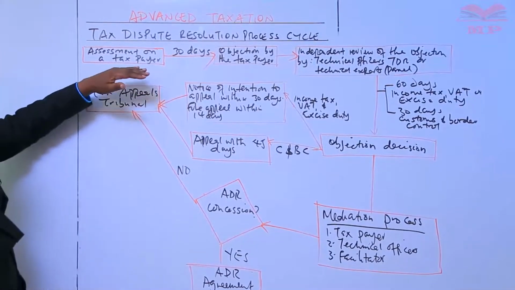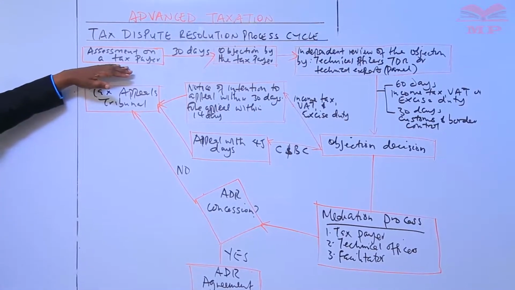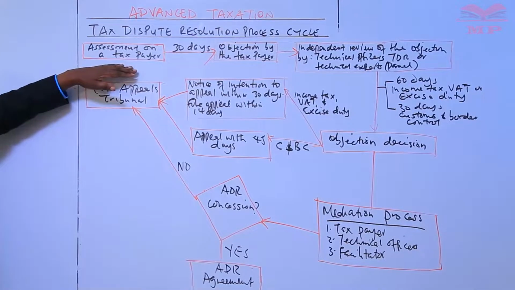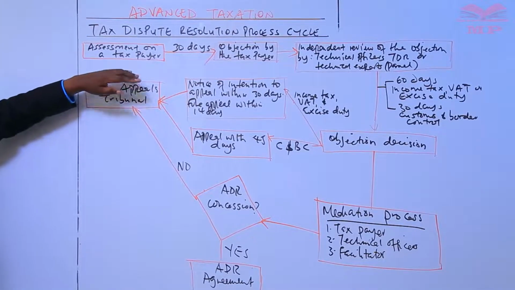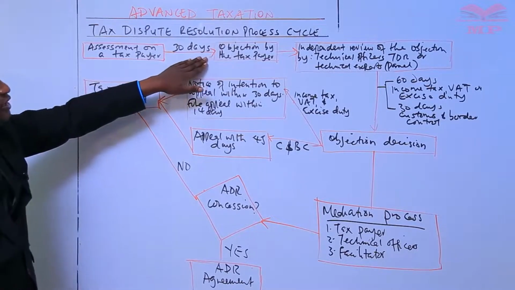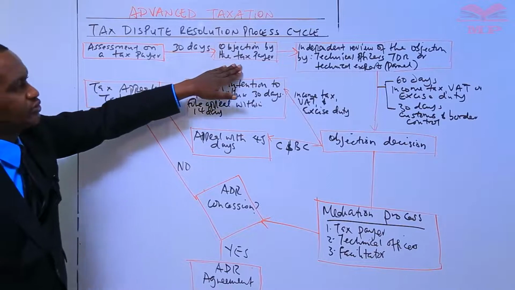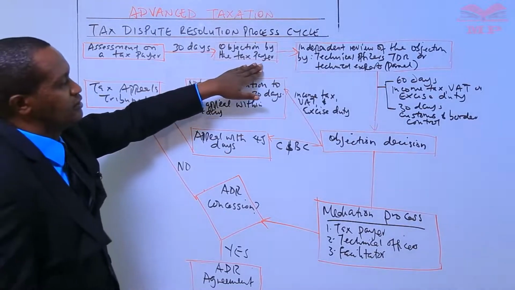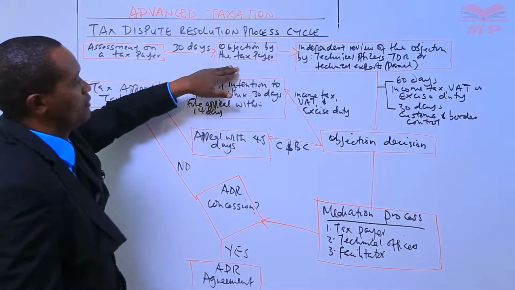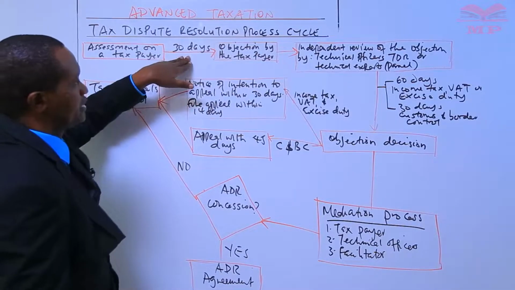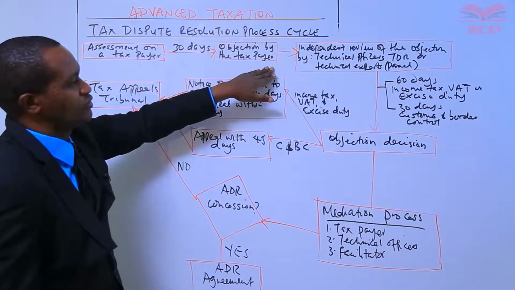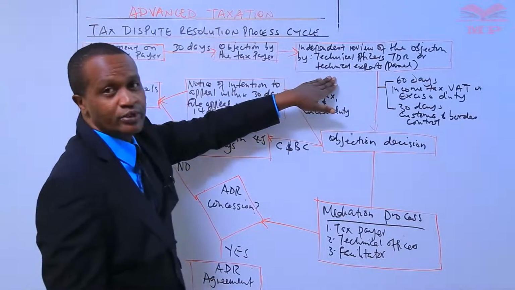The cycle begins with a tax assessment, when the administrator makes an assessment on a taxpayer, who within 30 days is expected to raise an objection in writing. Then that objection has to be reviewed.